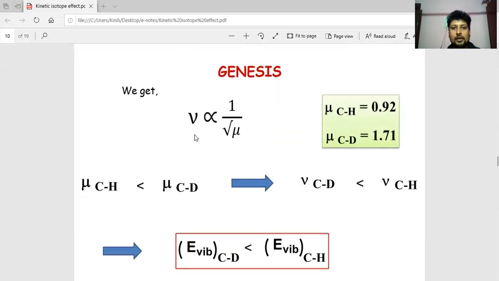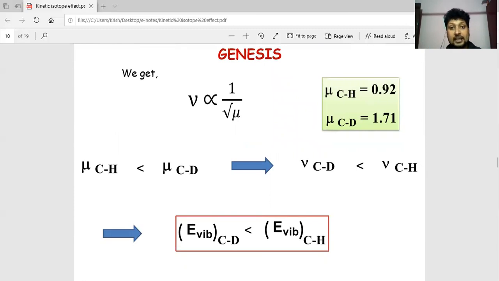Now have a look. So ultimately if we say that since the electronic structure of the molecule is not changed, and we assume that the force constant of CH bond is somewhat equal to CD bond, or here XH bond is equal to XD bond, so ultimately nu becomes inversely proportional to square root of reduced mass. Here in the inbox I have mentioned the reduced masses of CH, that is 0.92, and CD bond is 1.71.